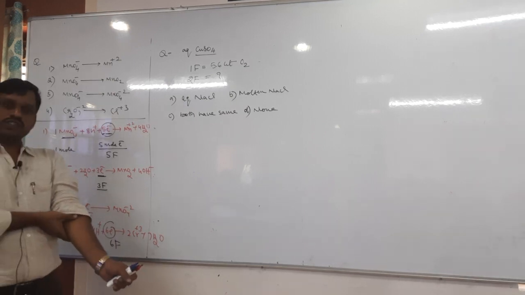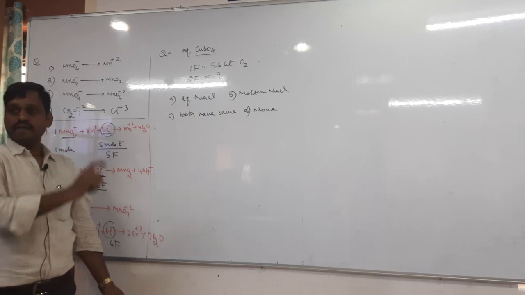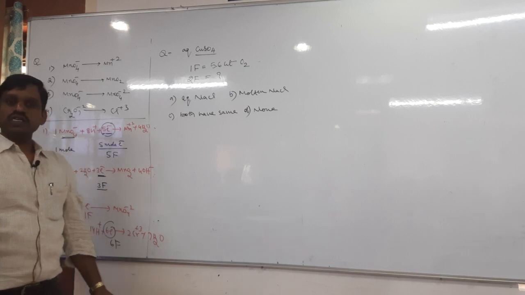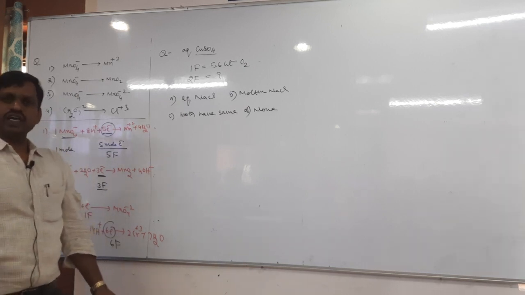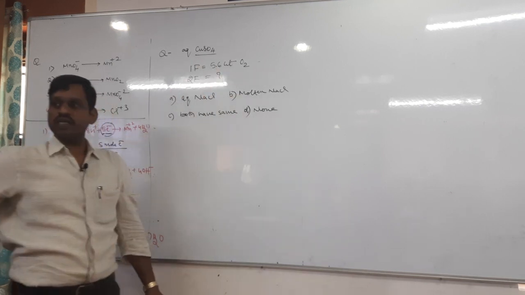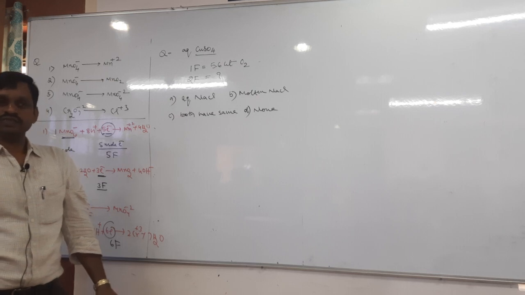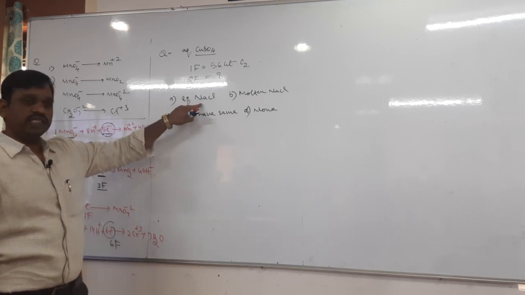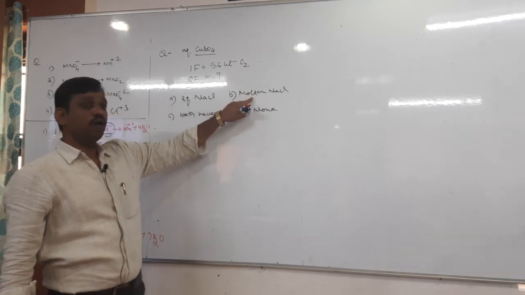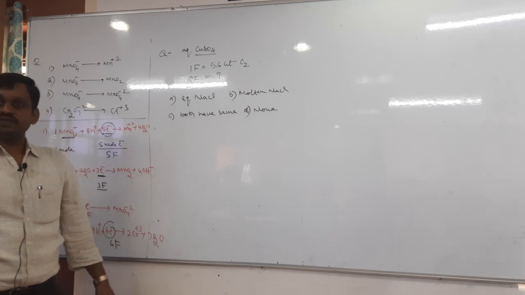Yesterday, day before yesterday in class, we discussed this concept. What do you think is the difference between these two? Both have the same ions, Na plus and Cl minus. But what is the difference? In aqueous medium, there is a solvent. This is molten, there is no solvent. But what is the role of the solvent?